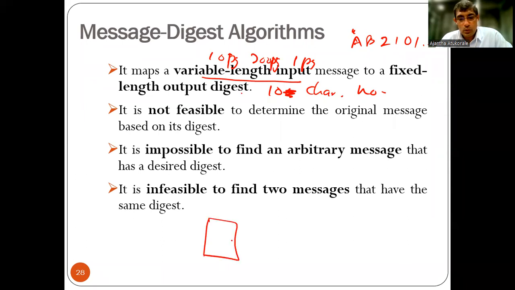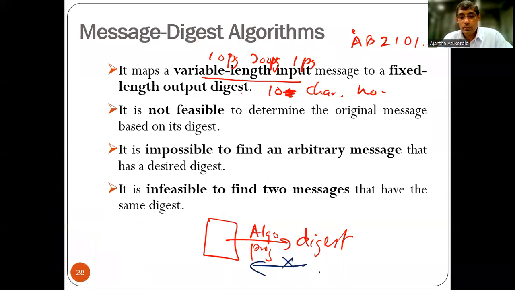Whenever you put a document in, there's an algorithm or program, and you get the digest. This direction is okay, but there's no way you can come back. By looking at the digest, you can't say this is the document. So it's one way.